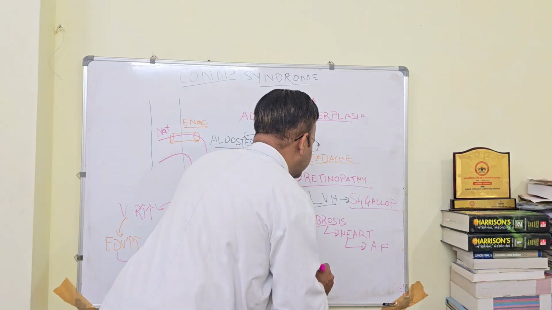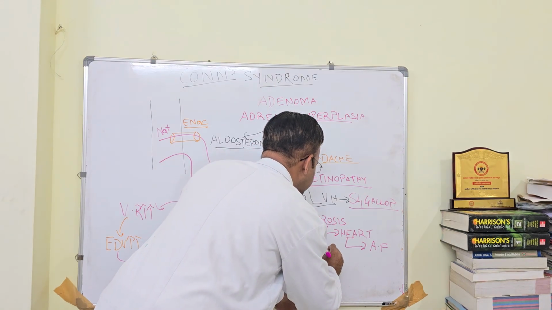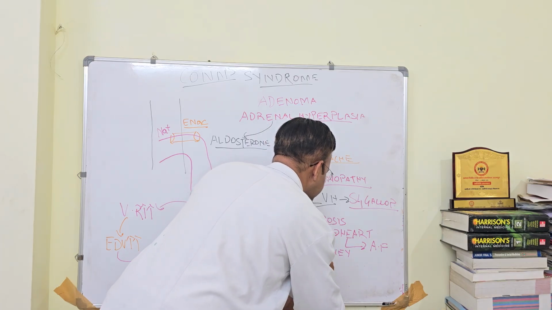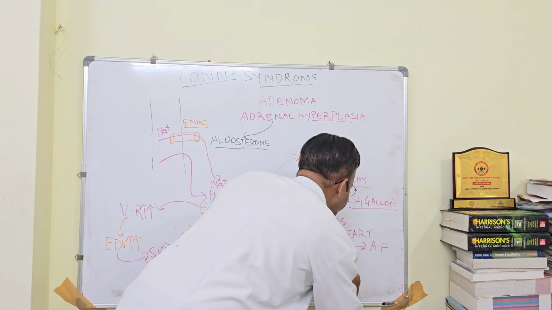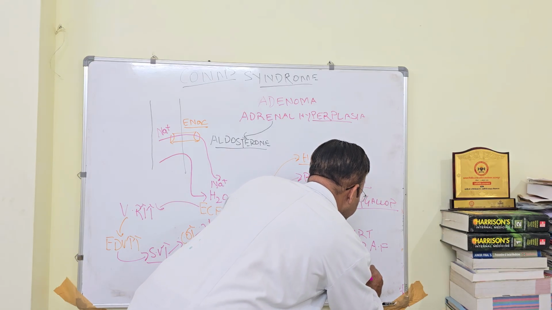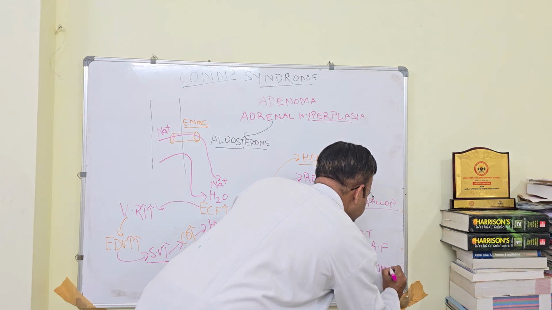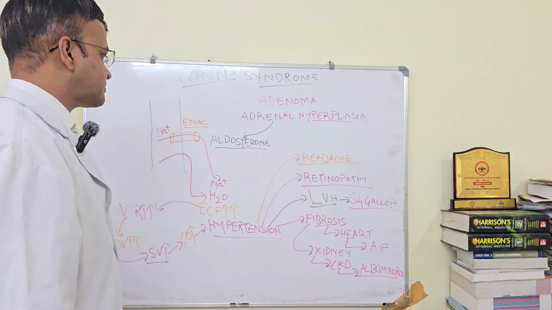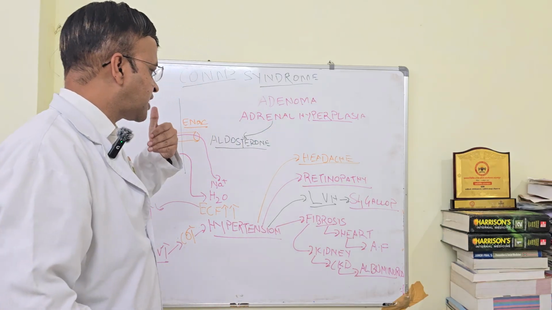It can also lead to fibrosis of the kidney, CKD, which can further lead to albuminuria. See, so many things can start from hypertension.